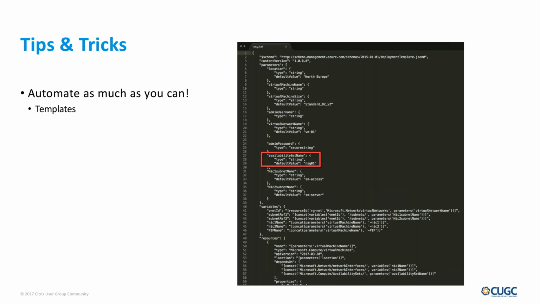You have to configure them first and just type in the default value, and this is the name of your availability set. There are also some settings for different network interfaces. You can see in the lines below, there's one network interface running in a subnet which is called access, and the second network interface is running in a subnet which is called server. Next, please.